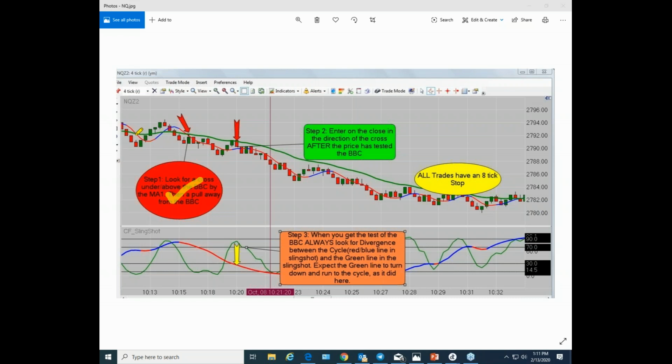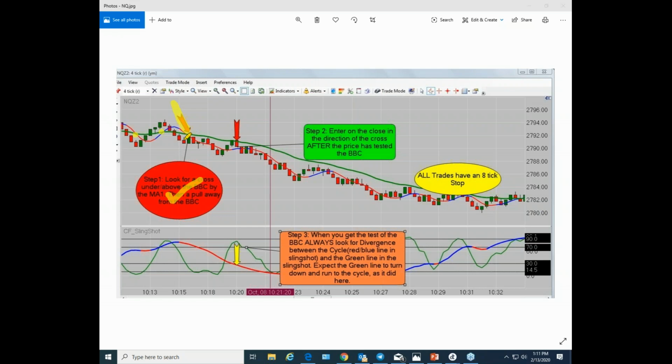If the MA1 is red and crossing the BBC, that's a shorting opportunity. We're looking for potential places to get short. If the MA1 is blue and crossing the BBC, that's called a bullish cross, which means we're looking for bullish opportunities. The one that's highlighted here is a bearish cross, because the MA1 is red and it's crossing the BBC.